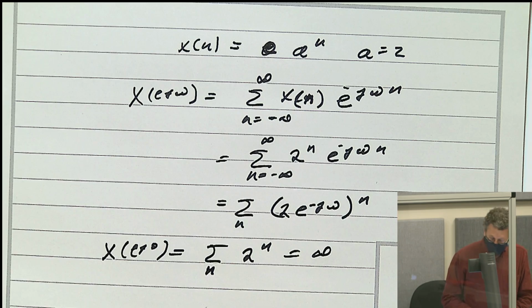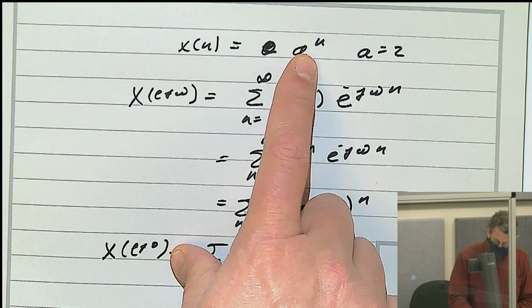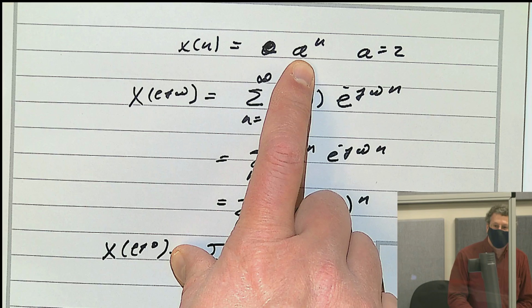But the z transform does, because if I make the magnitude of z small enough, it'll counterbalance the effect of the magnitude of a.